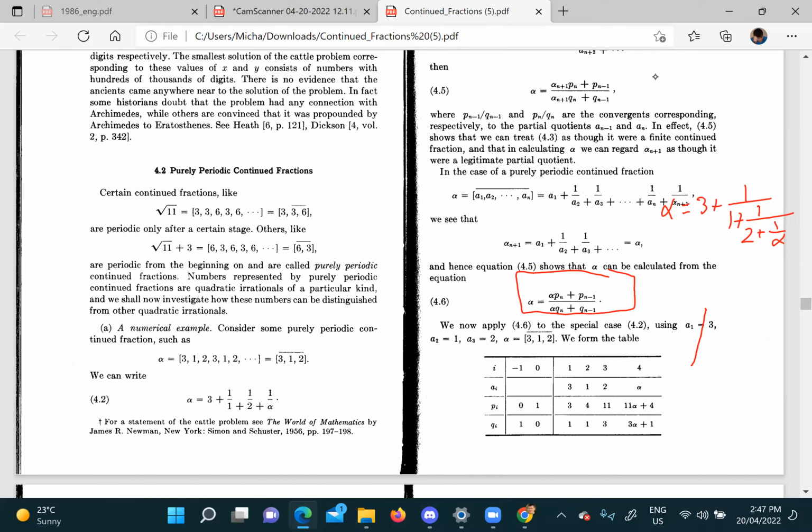So what's special case 4.2? That's the 312 thing. Form the table. So n is the last time it doesn't repeat. How do you solve this?